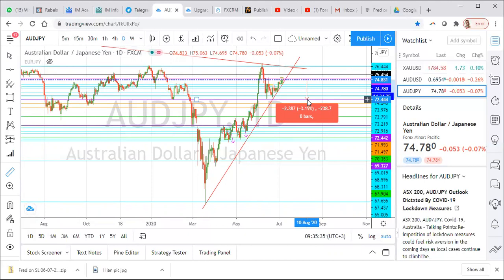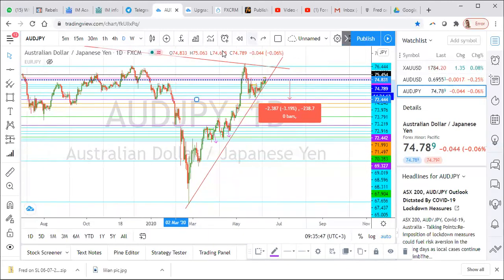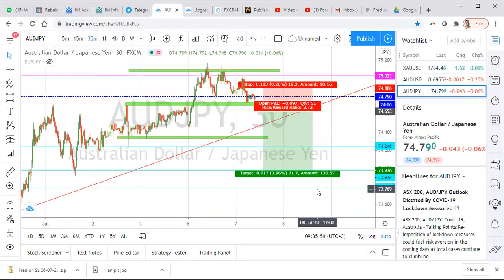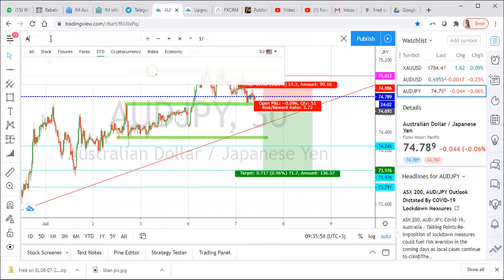But maybe today we're looking at, say, 80 to 150 pips drop. That's what I'm seeing. So let's see how it plays out later on.